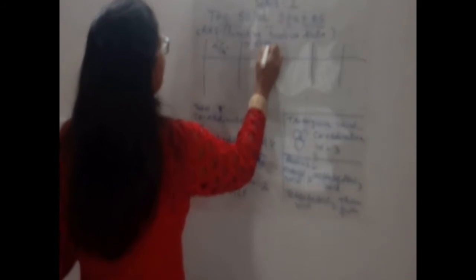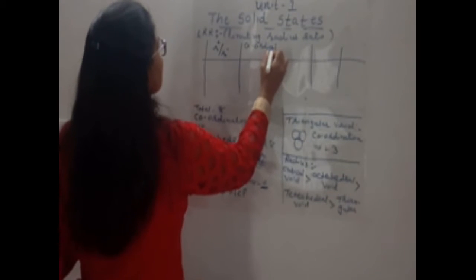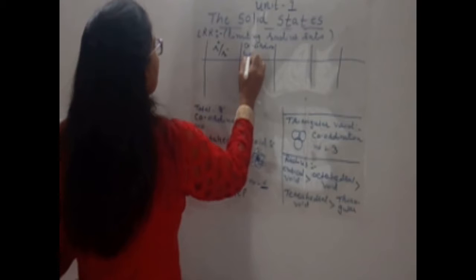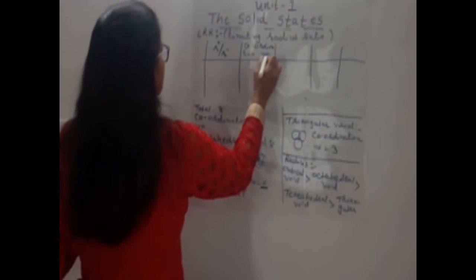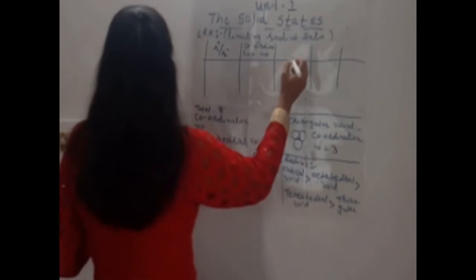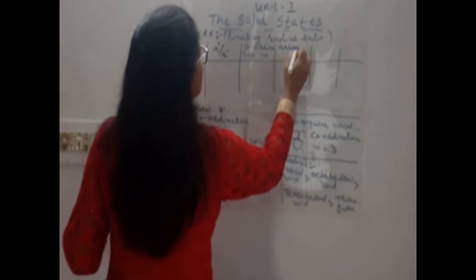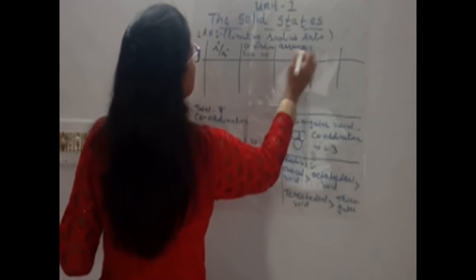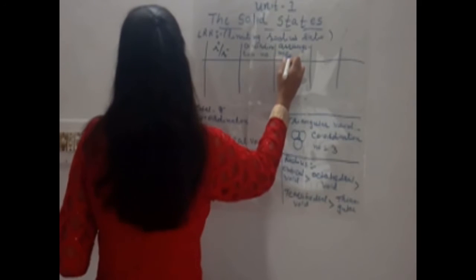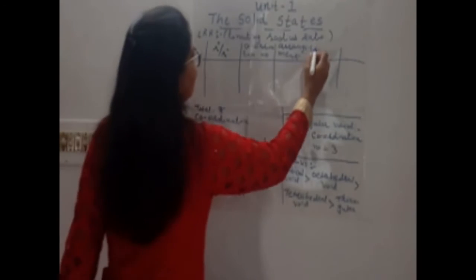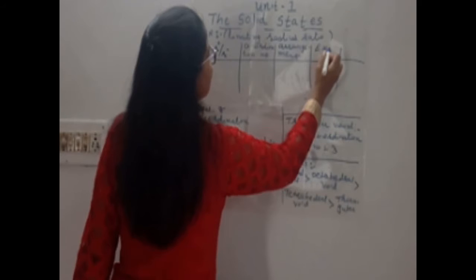Draw the table along with me, student. Coordination number, second column, third arrangement, and that last one is an example.